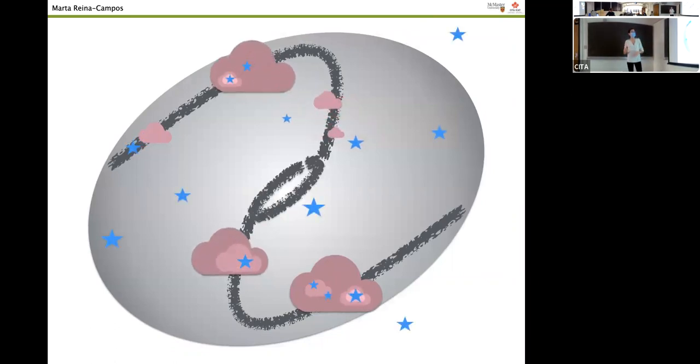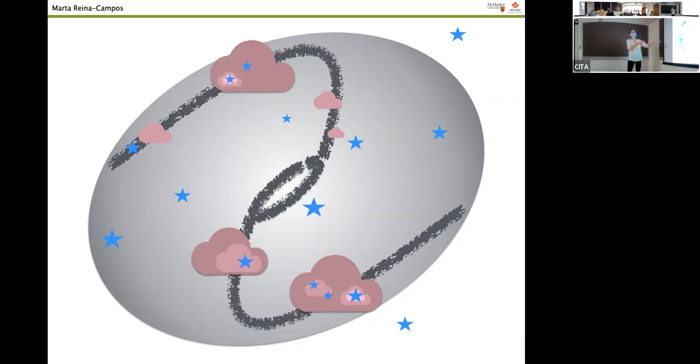The combined effect of the stellar feedback from these massive stellar clusters, together with the high merger rates that galaxies experience at those early cosmic times, will help stellar clusters migrate from their natal environments towards the outskirts of galaxies. And this is a crucial step because the stellar clusters are going to lose a lot of mass if they remain within these natal gas-rich environments, whereas once they move out, they're much more likely to survive to the present day, so that we can observe them as globular clusters.